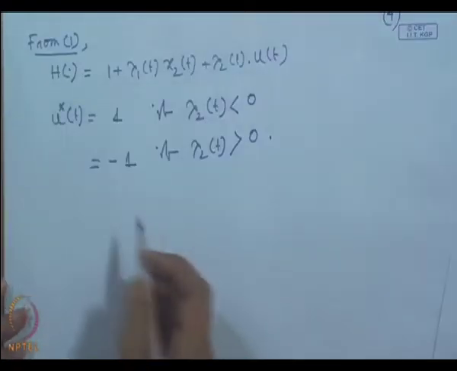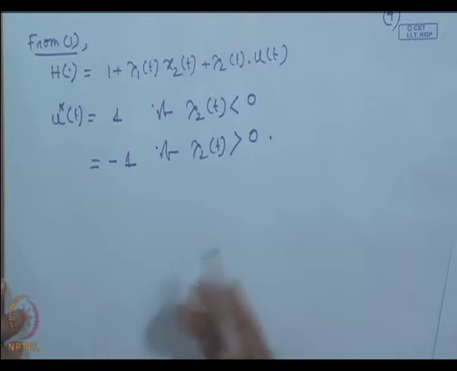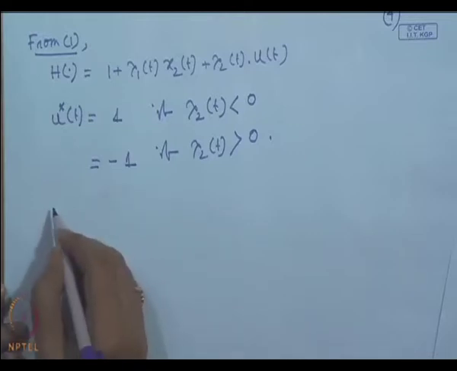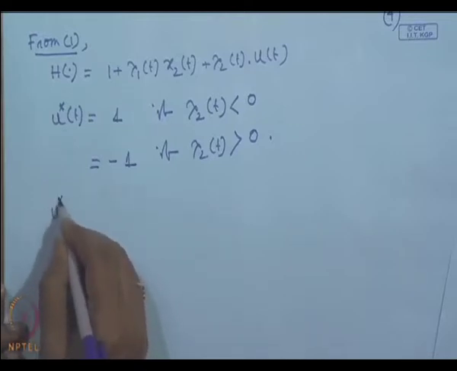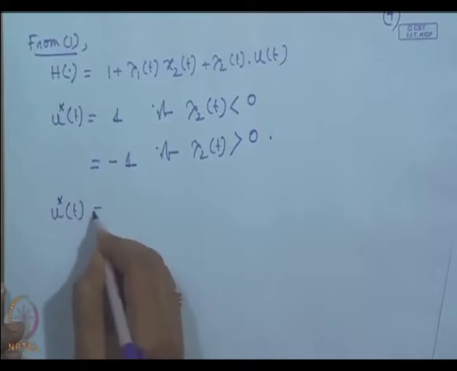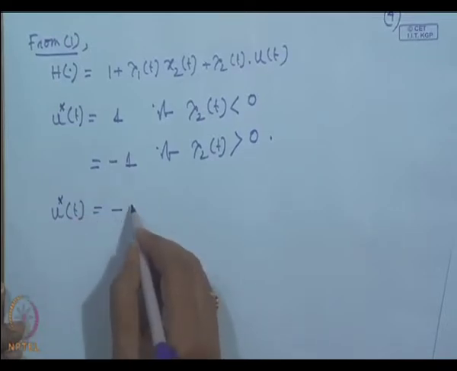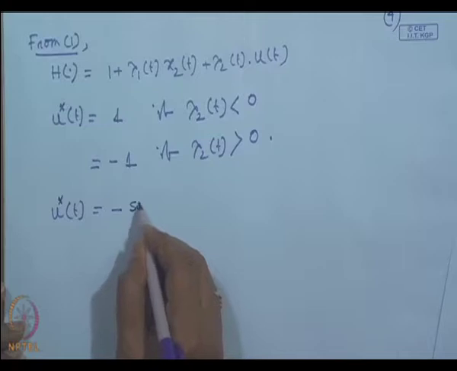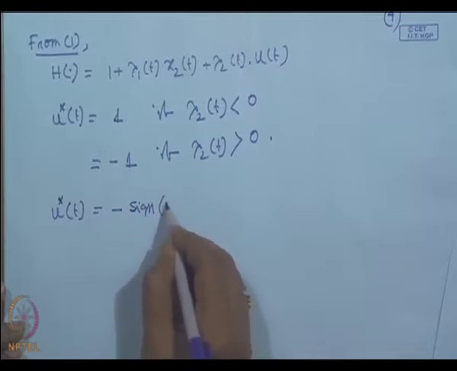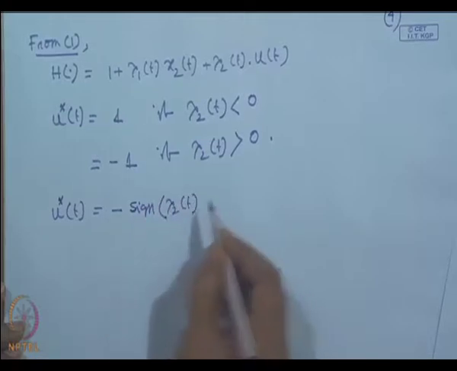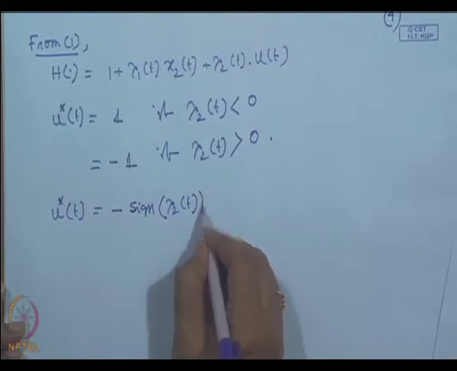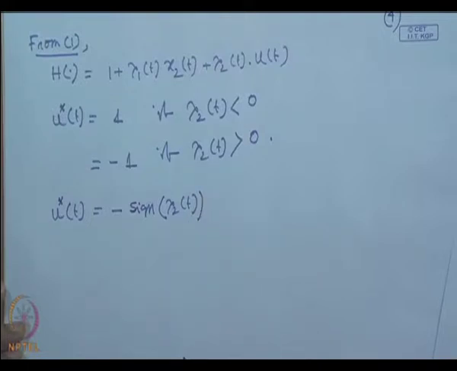These two equations we can write in mathematical form by using the signum function, the sign function: u star of t is equal to minus sign of lambda 2 of t. Agree?